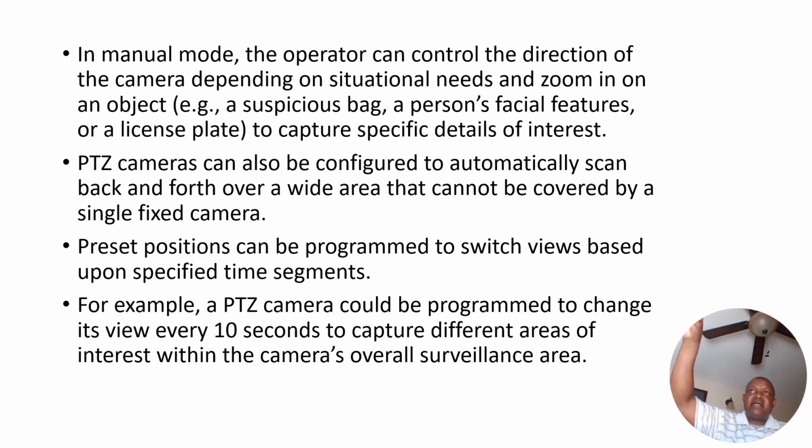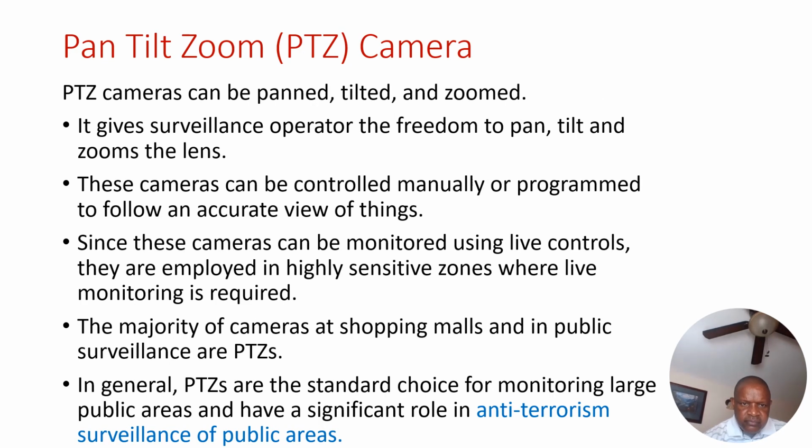The PTZ camera is stationed there. The operator can tilt it up and down. He can zoom in. He can also pan it from side to side and to capture different areas of a particular facility.